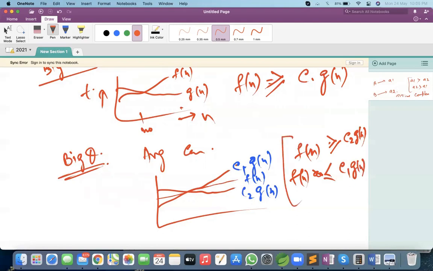So it is satisfying both cases. If it is in between, then we can say f(n) is theta of g(n). Okay, clear? So these are the three ways we can determine the complexity.